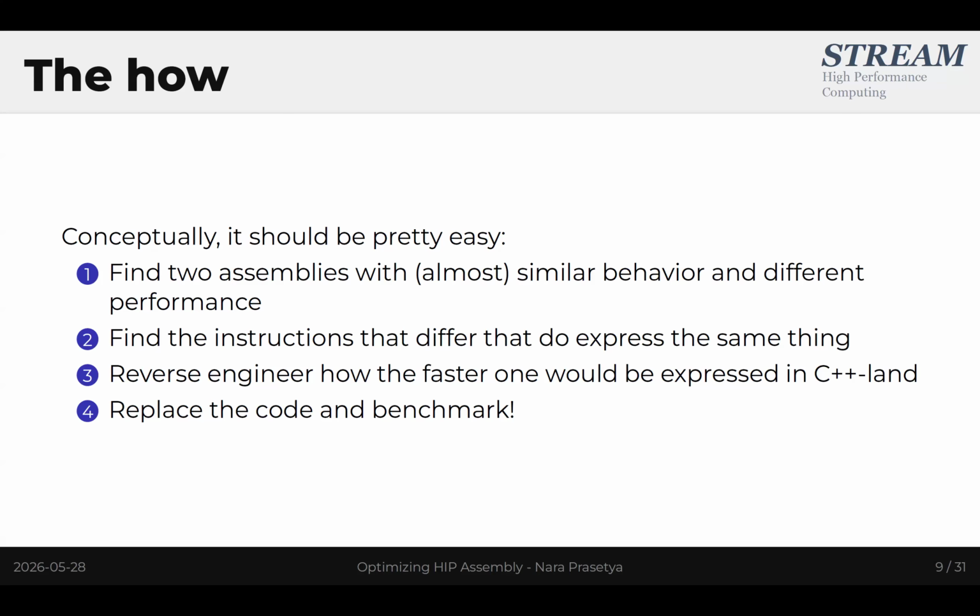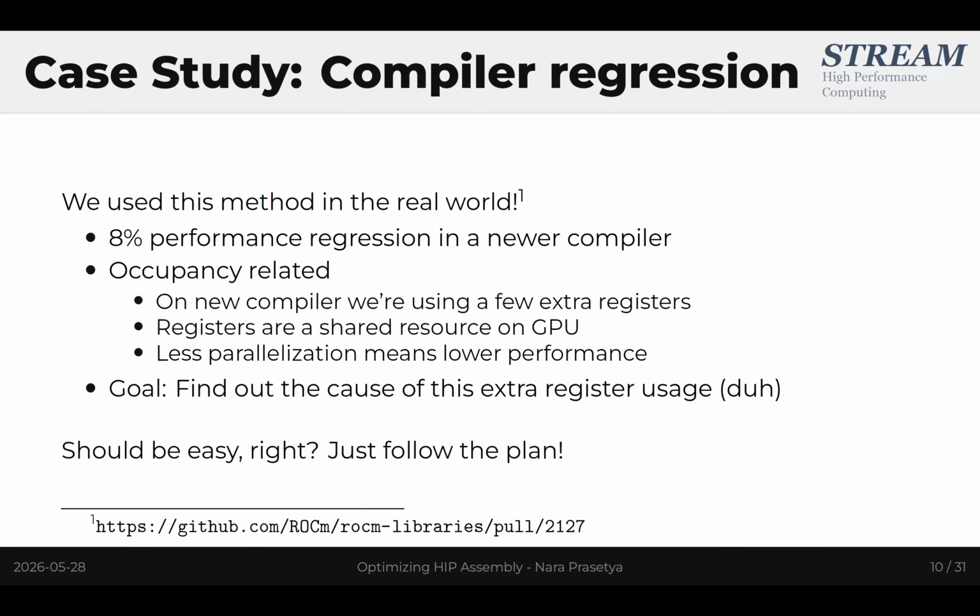If we find the instructions that differ between the slow assembly and the fast assembly, we can effectively reverse engineer how that should be expressed in our high-level language to result back in that optimal code. Then we replace the code and benchmark, and hopefully we'll have some optimized code.